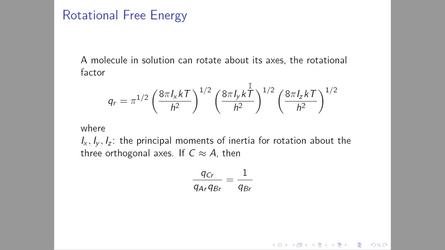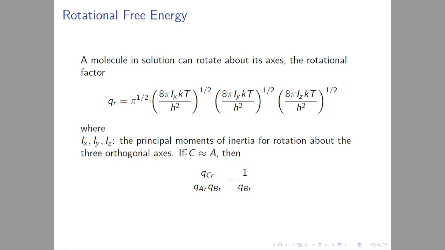Next is the rotational free energy. So we have Q_R equal to pi to the half times (8 pi I_x kT, I_y kT, I_z kT), where I_x, I_y, I_z are the moments of inertia for rotation. Again, we put this for each molecule A, B, and C, so Q_CR over Q_AR Q_BR.